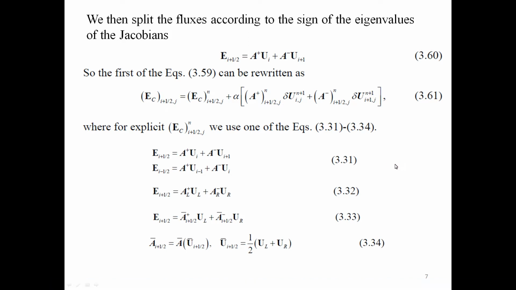Then we split the fluxes according to the sign of the eigenvalues of Jacobians. E on the surface i plus 1/2 is equal, you know this formula, A plus U in the point i plus A minus in the point on the right side of the cell surface i plus 1.